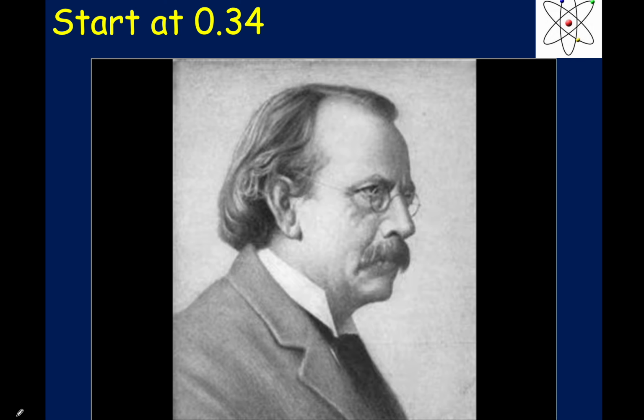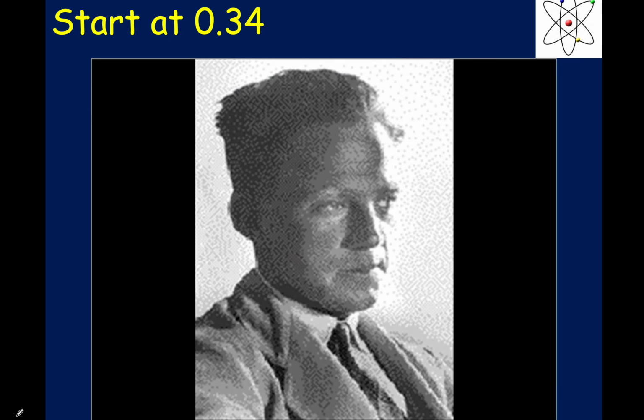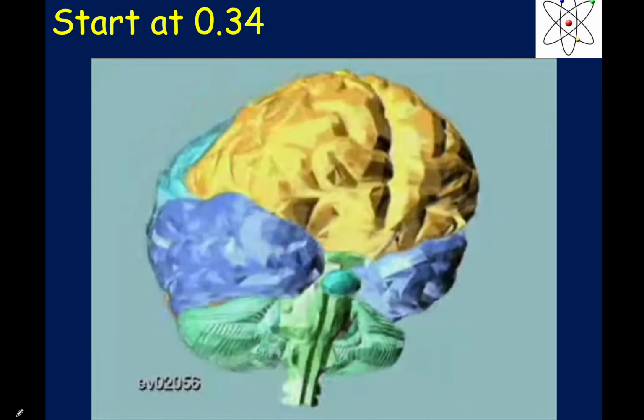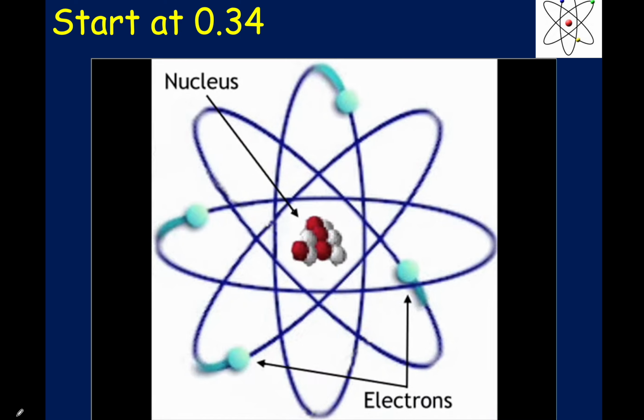Dalton, Thompson, Rutherford, and Bohr, Schrodinger and Heisenberg, and many, many more used their brains to venture in the realm of inner space and found the world of the atom was a weird and wondrous place.